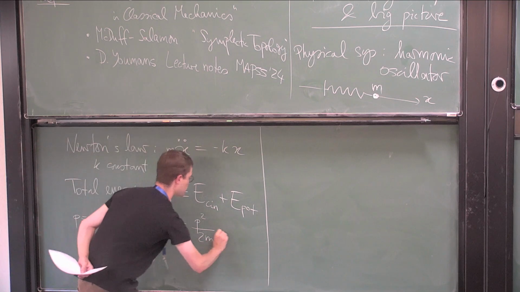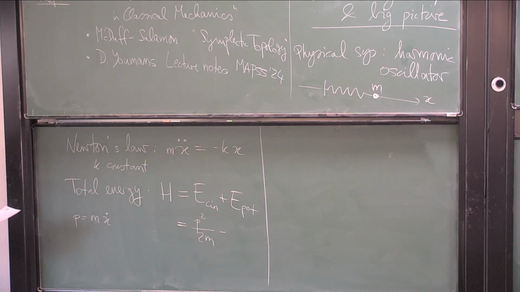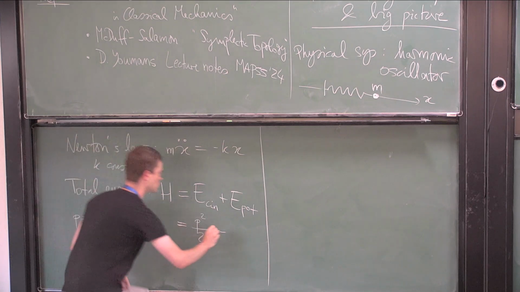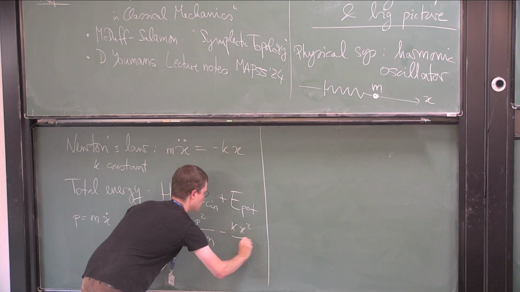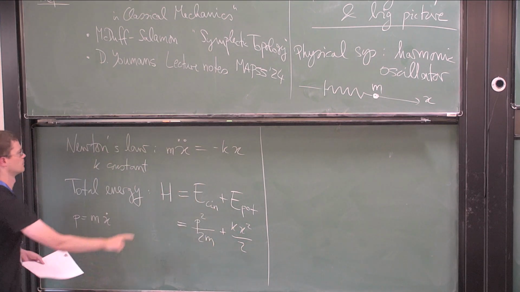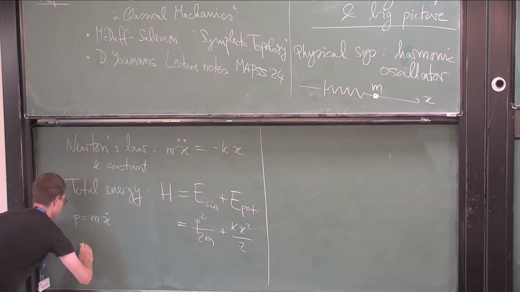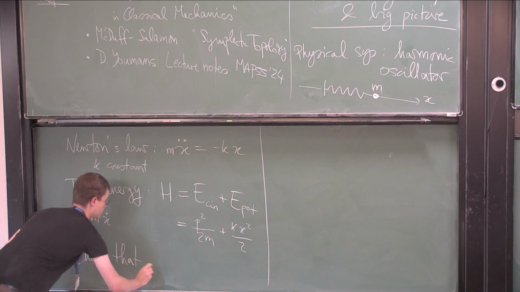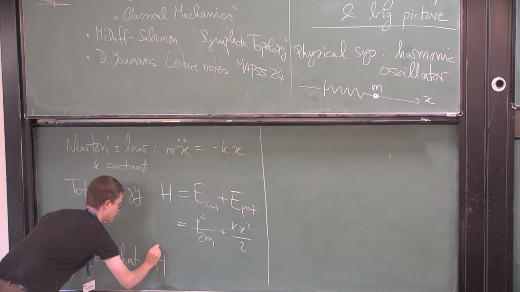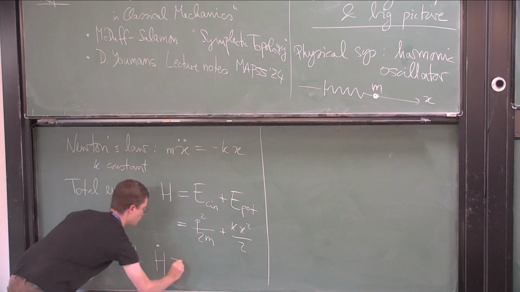And the potential energy is kx squared over 2, plus, because I have a minus sign in the force. So one thing you can check, it's very easy: H is conserved. If you take the time derivative of H, you get 0.